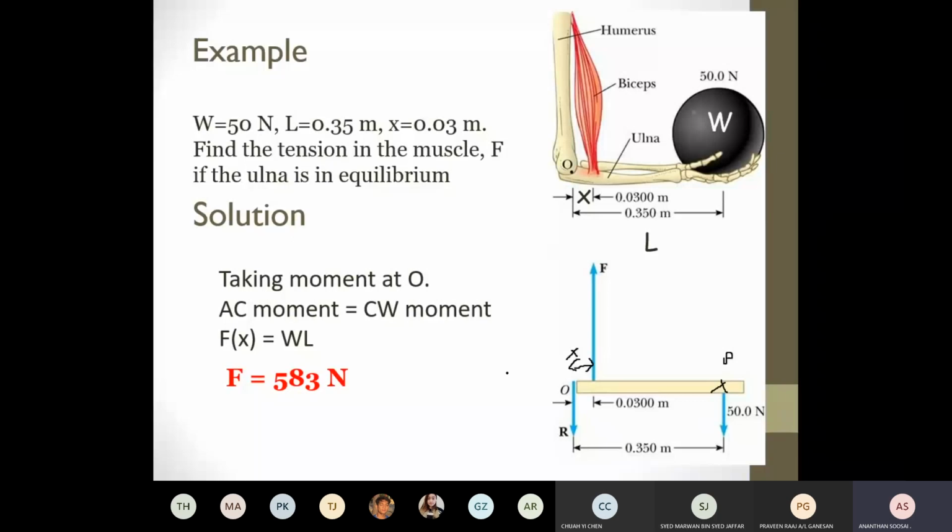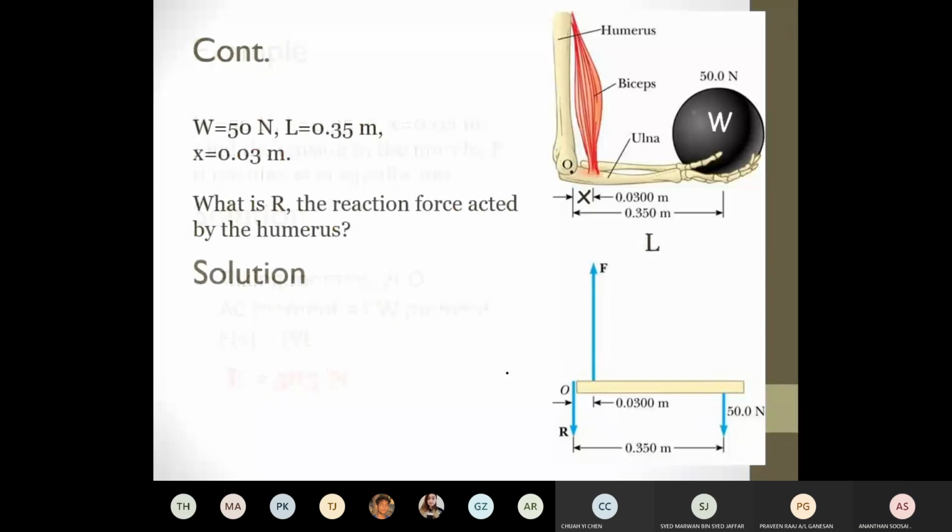At the pivot there is an unknown force acting, which I have repeatedly told you many times. Now the second question: what is the reaction force R at the pivot? If they are asking for the force at the pivot, now you can take any point as the pivot.